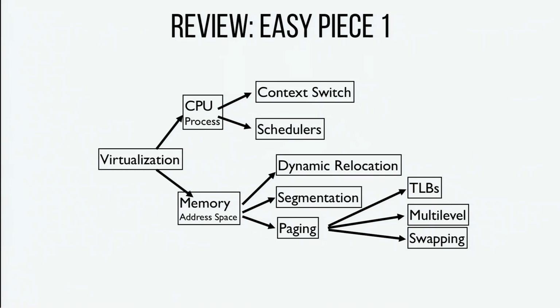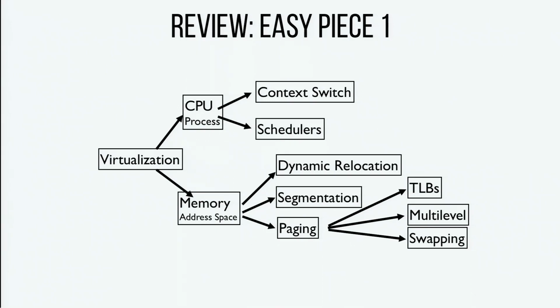For memory, the physical resource is RAM. We talked about how you provide an address space as the abstraction there. And we talked about a bunch of different ways of protecting different processes and allocating memory to different processes with dynamic relocation, which is like the simple base and bounds. Then we had multiple segments, and then we had paging.